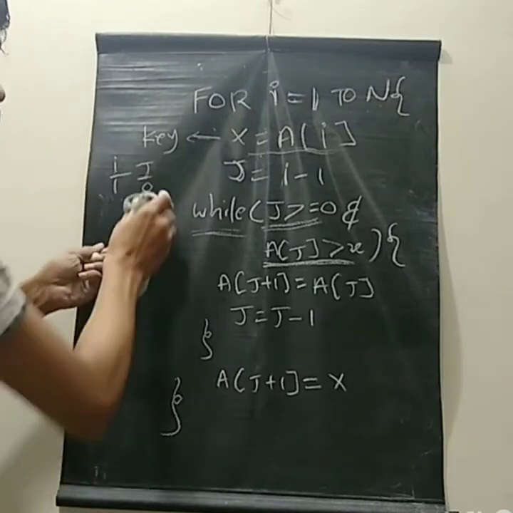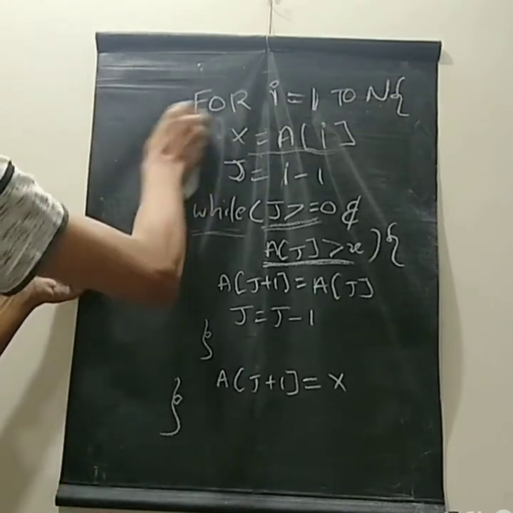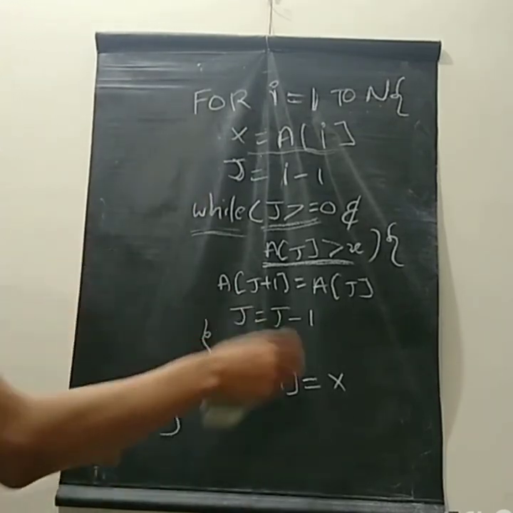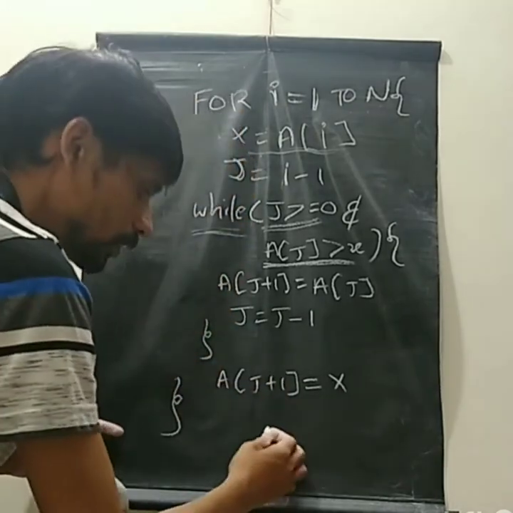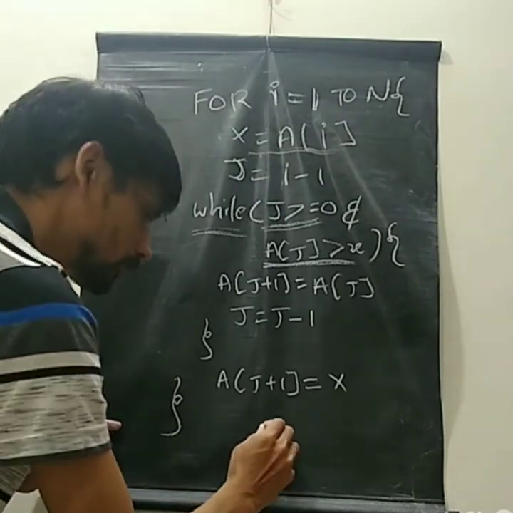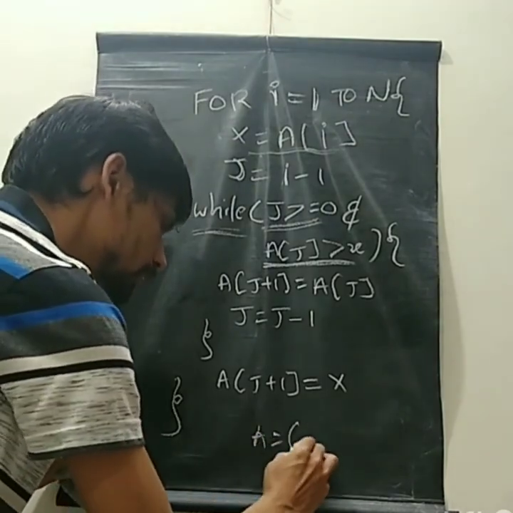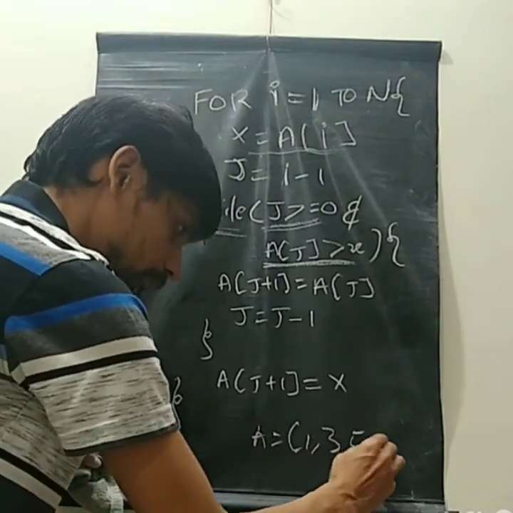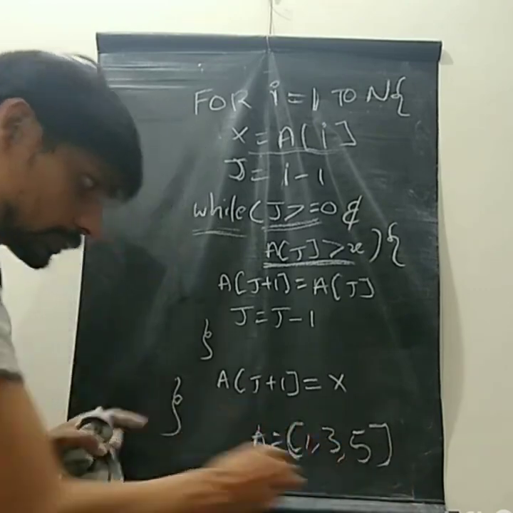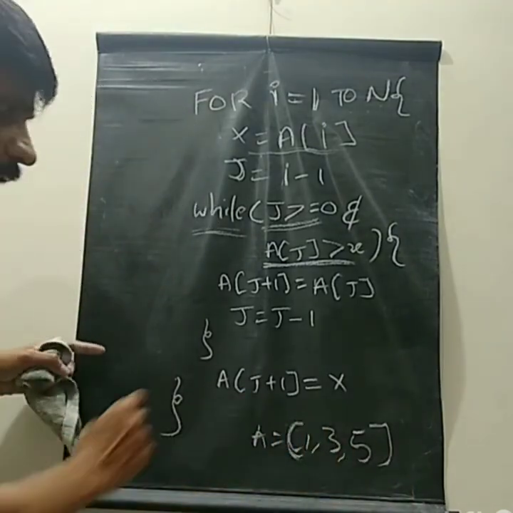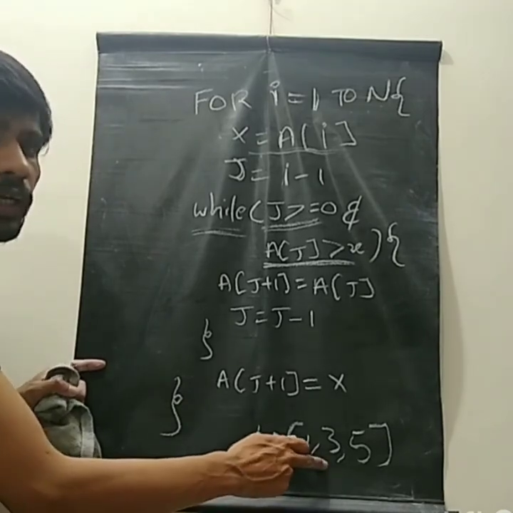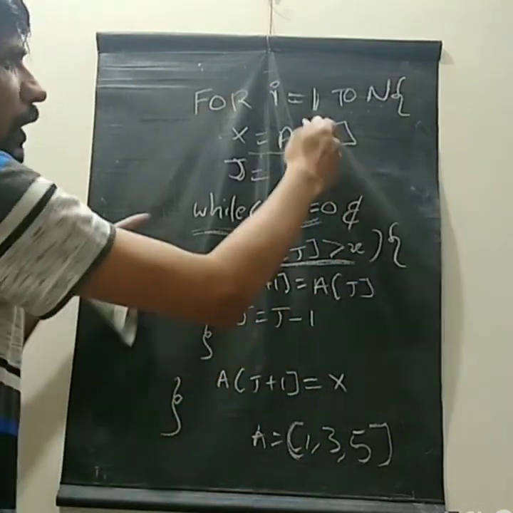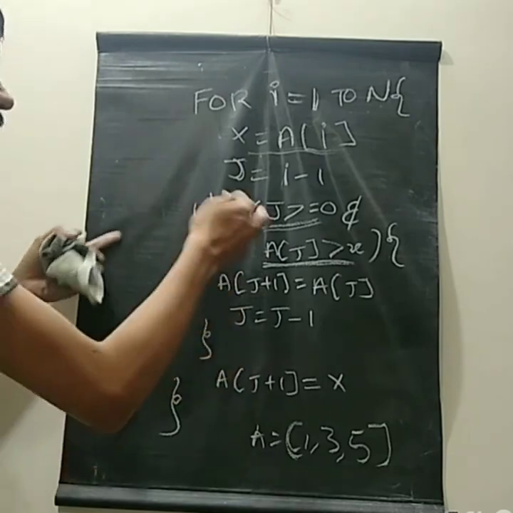Now we will try to execute this program on given, already sorted data. For example, if my A is 1, 3, 5, just imagine this is my array, the given data. If you observe, this is already in sorted order. So how exactly will my program behave for this?